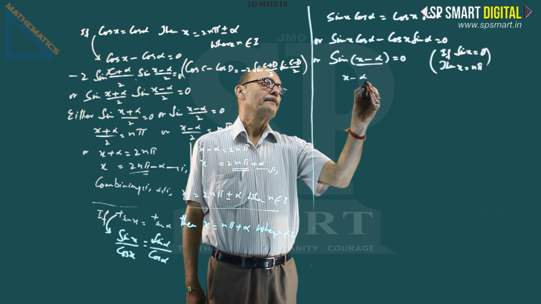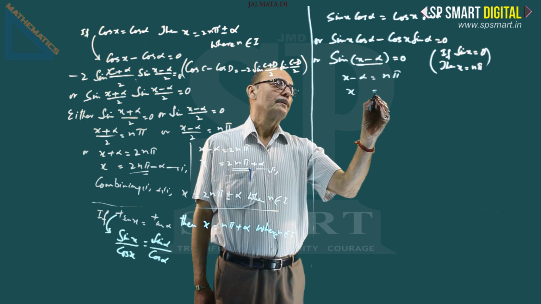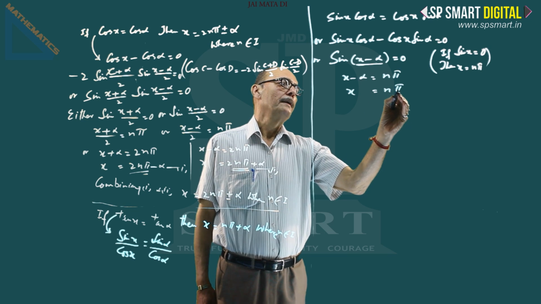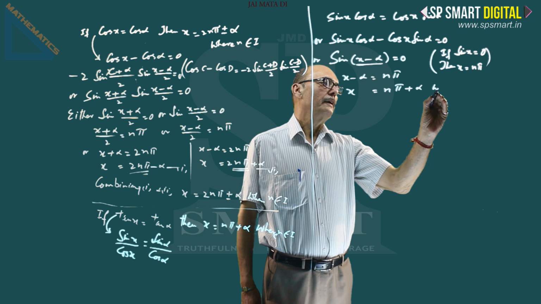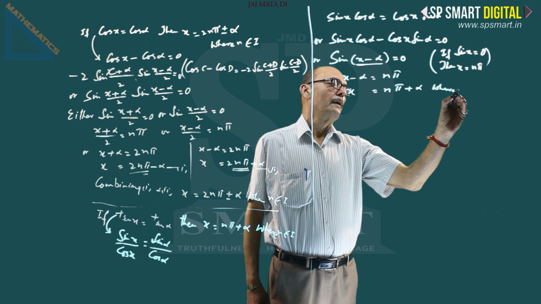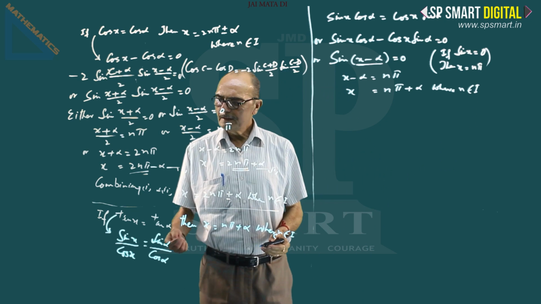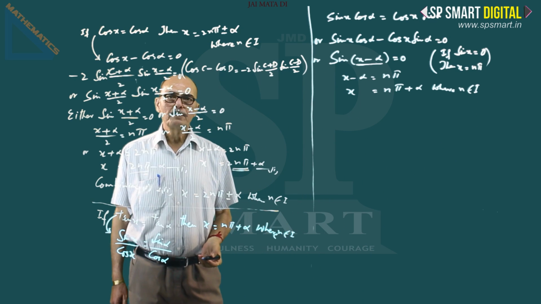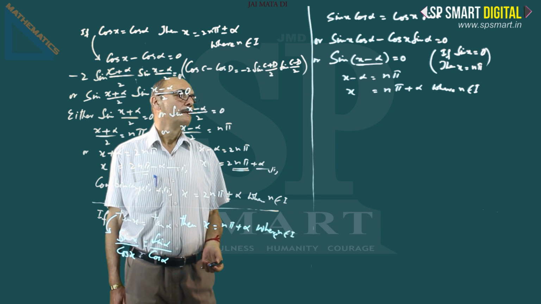So, x minus alpha equals n pi and x equal to n pi plus alpha, of course, where n belongs to the set of integers. Well, these are the basic formulas in trigonometric equations which we shall make use of.